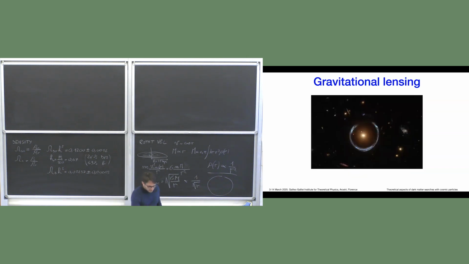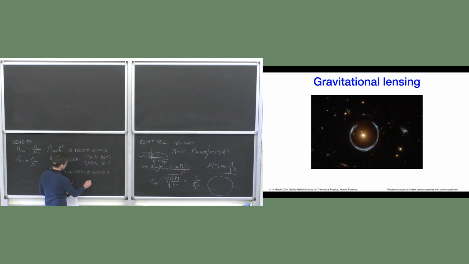Okay, then another very interesting evidence comes from gravitational lensing. You probably know this effect very well. The effect is due to having a very massive object like a galaxy cluster, and also a galaxy behind the galaxy cluster.